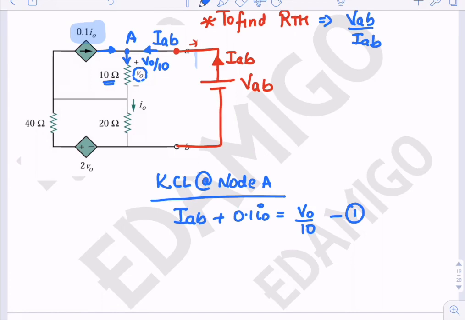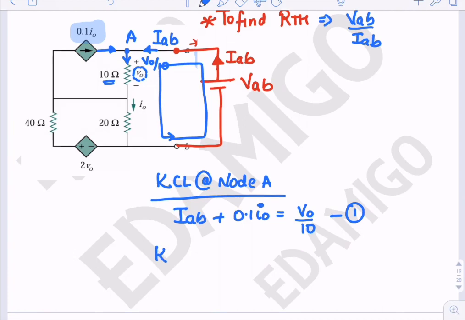Now if we apply a KVL loop in this, VAB is equal to the voltage across this 10 ohm and the voltage across this 20 ohms, so that is equal to V0 plus 20 I0.